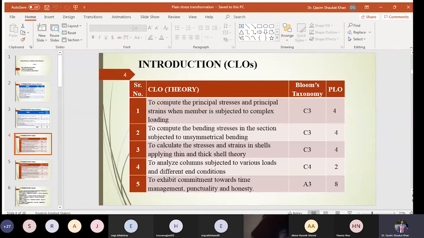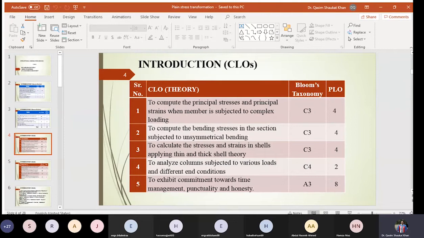Those 4 program educational objectives are mapped with 12 program learning outcomes, PLOs. Then those 12 PLOs are linked with or mapped with a number of CLOs in each subject. Similarly, here in structure mechanics, you have 5 CLOs, course learning outcomes.